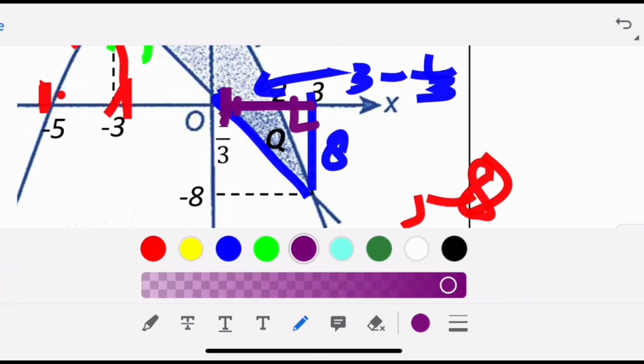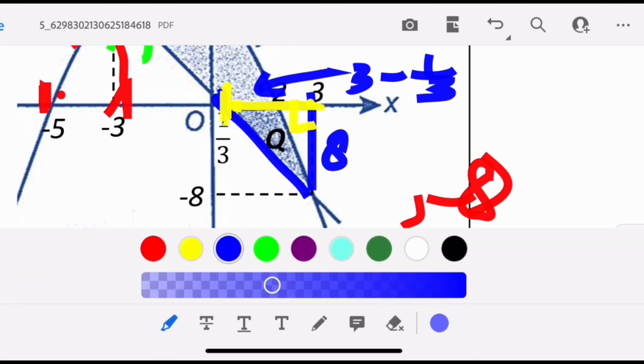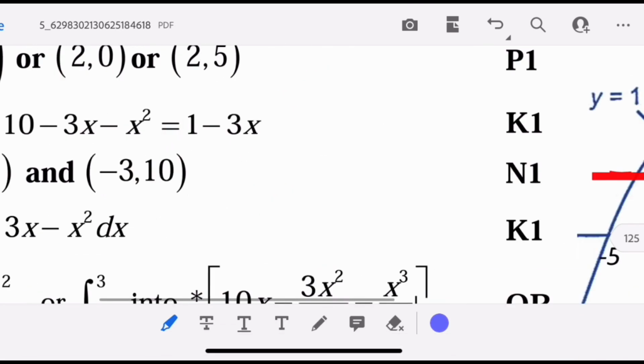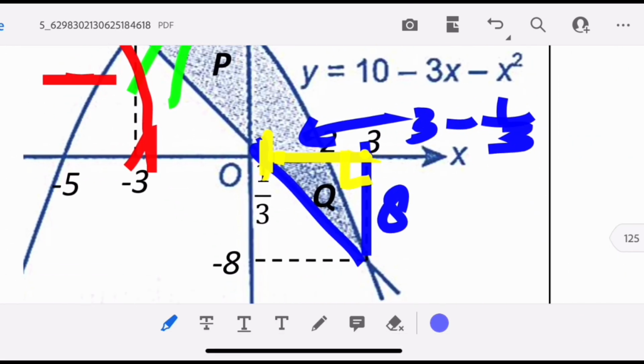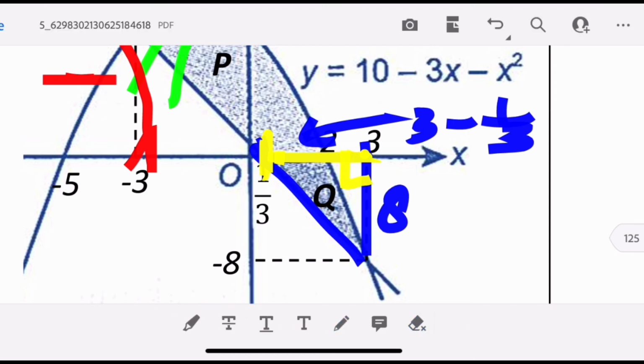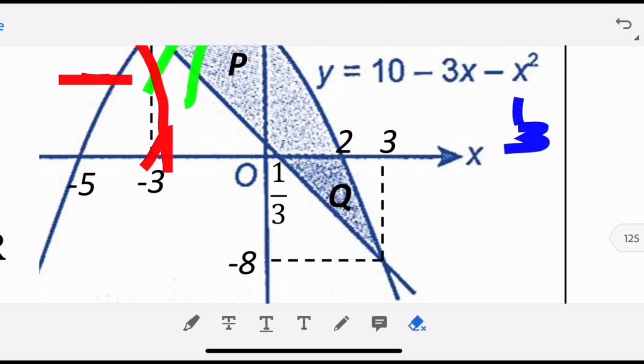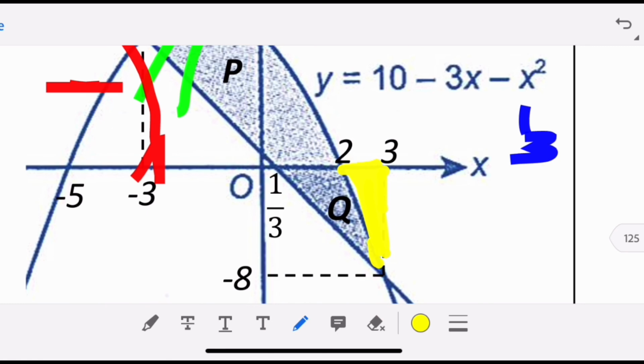I'm going to highlight it in yellow color, right? So this is the area that I'm going to show you. Okay, let me erase this. This portion is the area under the curve, right? This is the curve from 2 to 3. Why?